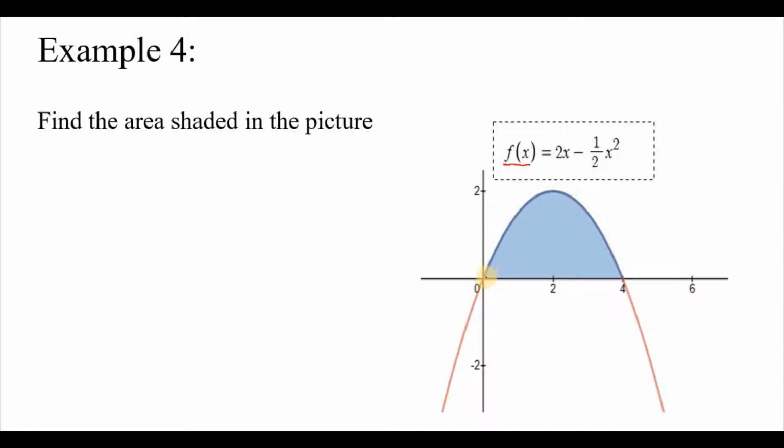So to find that shaded area, we know that the area under the curve between the x-axis and the curve of the function and limited on a closed interval is defined by the definite integral from a to b. So the area is equal to the integration from a to b of the function f of x dx.